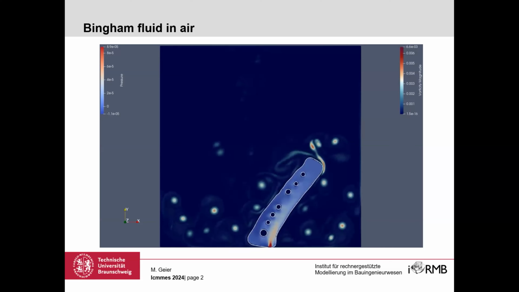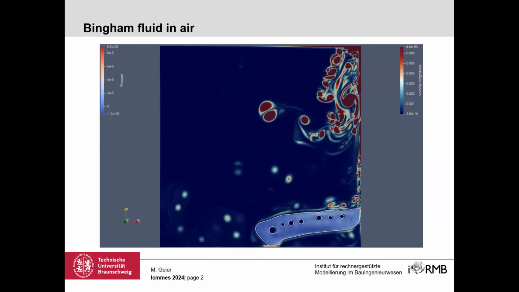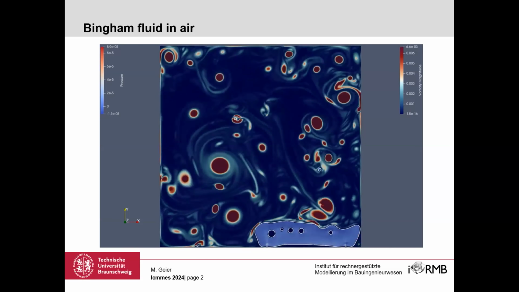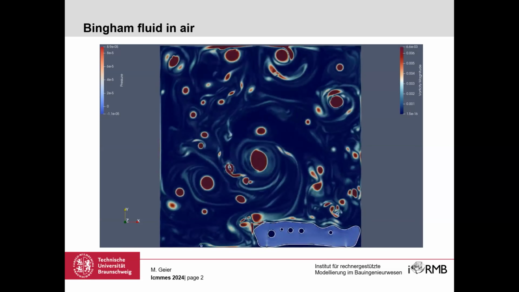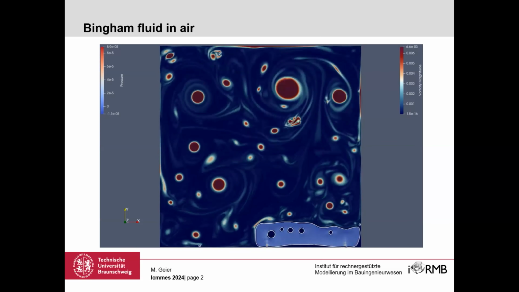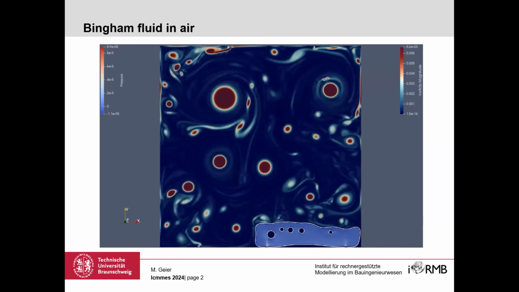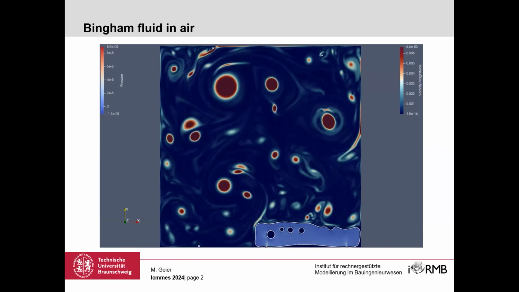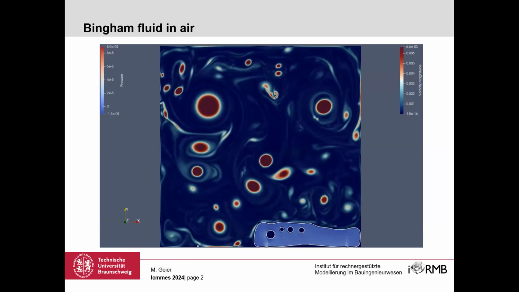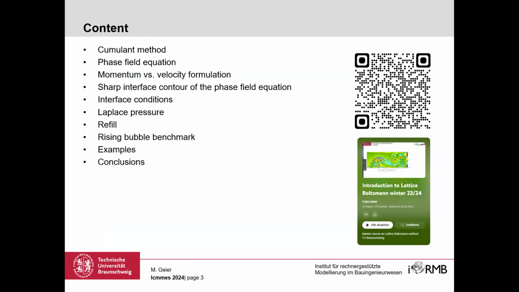This requires us to be able to model, in the same simulation, things with orders of magnitude different viscosities and orders of magnitude different densities. This is kind of challenging, as you know, and this is why we always switch our model and look for something better.